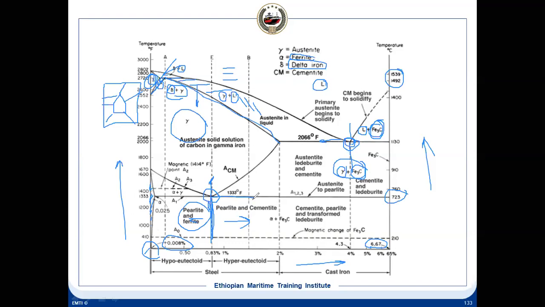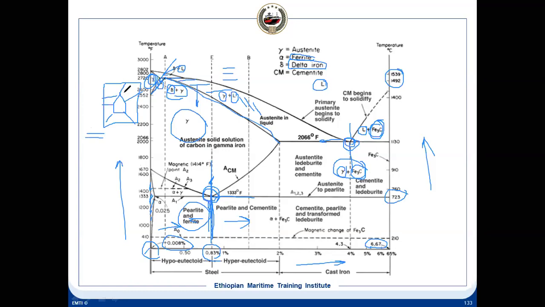Now, if we move towards this direction, for example, suppose we take this point, gamma is coming from here, reducing the temperature, and it is around 0.8% carbon, that is the pearlite. So once the austenite temperature is reduced and the carbon content is 0.8%, this will become pearlite.